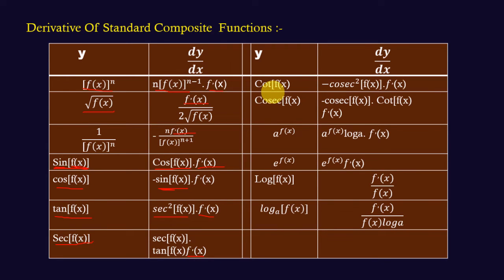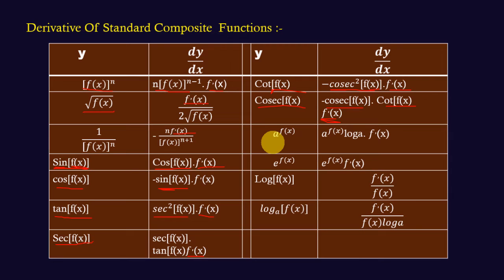Then the derivative of cot x is minus cosec square x, so here it is minus cosec square f of x into f dash of x. Then the derivative of cosec x is minus cosec x into cot x, so the derivative of cosec of f of x is minus cosec f of x into cot f of x into f dash of x.